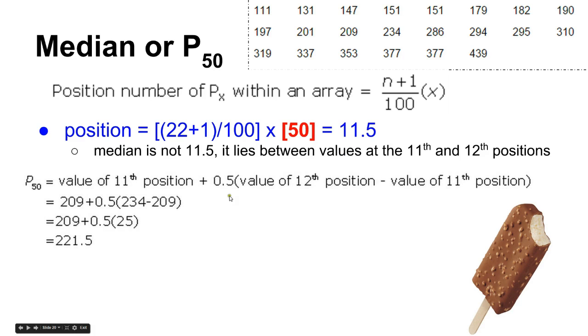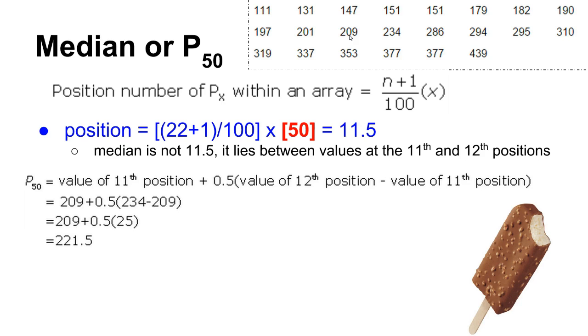So we do the math again. We're going to take the value of the 11th position. So we go 1, 2, 3, 4, 5, 6, 7, 8, 9, 10, 11. The 11th position happens to be 209. Then we're going to have to add the 0.5, which is half of the difference between the 11th and the 12th position.